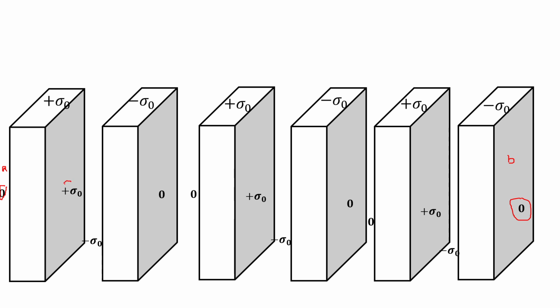Now, using Gauss law and considering the electric field here to be 0, what comes out is that equal and opposite charges will appear on the opposite faces of the plate. So here it will be minus sigma. Similarly, since this plate has a total charge of minus sigma, here a charge of 0 will appear. Likewise, here there will be no charge.